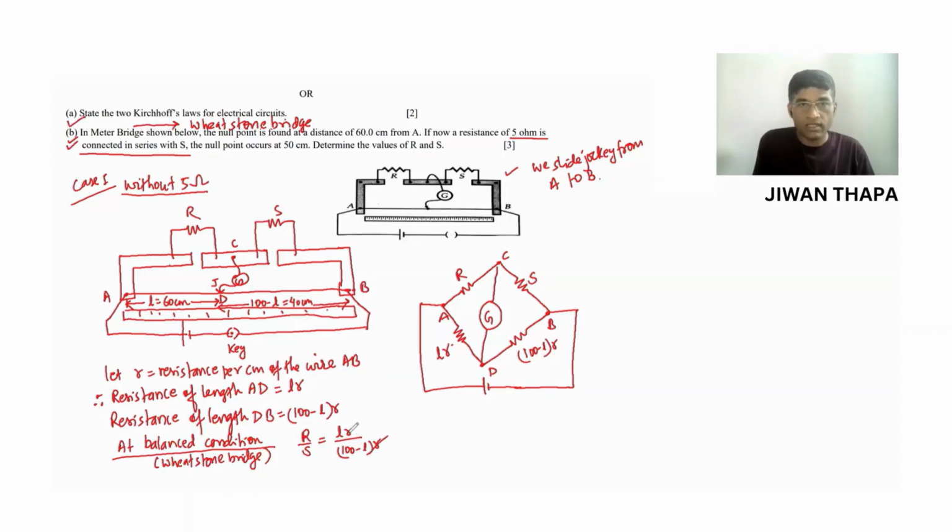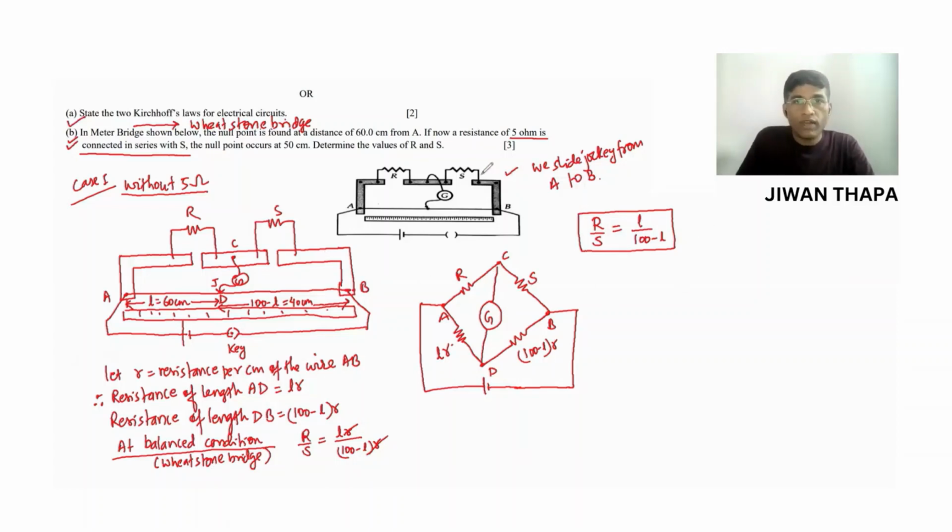So this r cancels out, okay. So what we get is, I'm writing over here, R by S equals L by 100 minus L. So we have this. So we are getting this, okay.